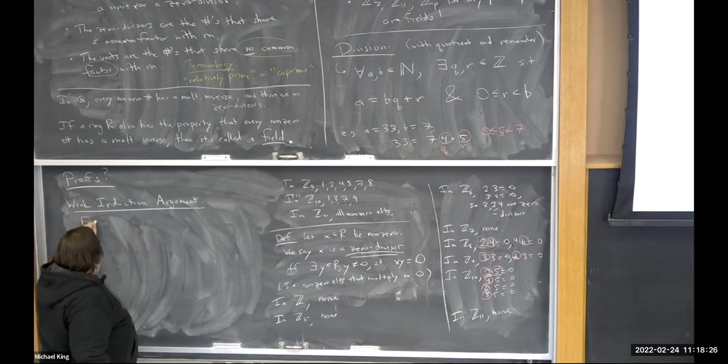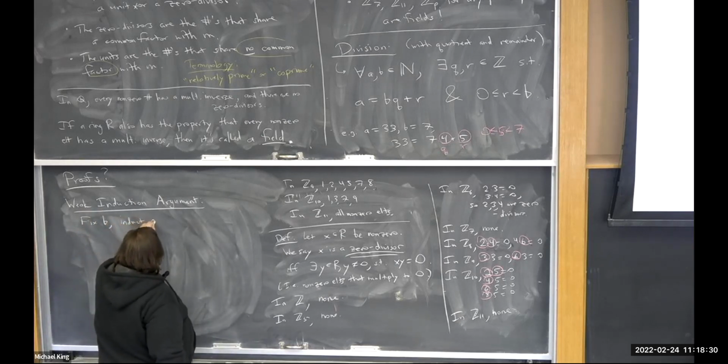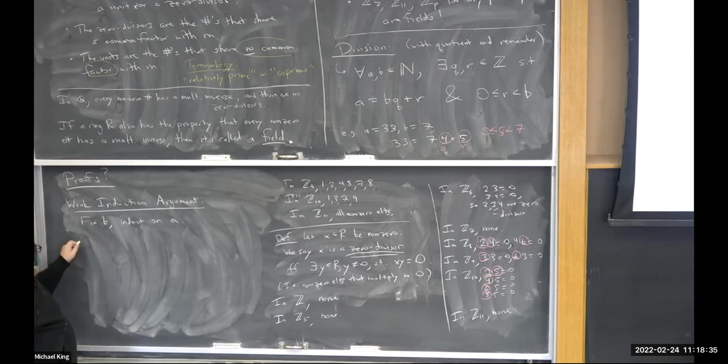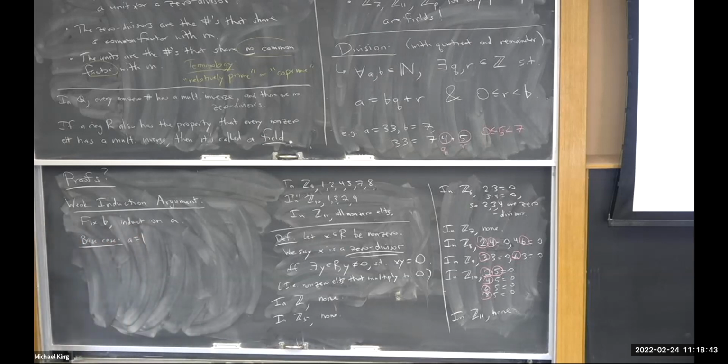So fix B, induct on A. Again, I'm not writing out the full formal proof, but the base case, when A is 1: what's my quotient and remainder when A is 1 and I divide by B?